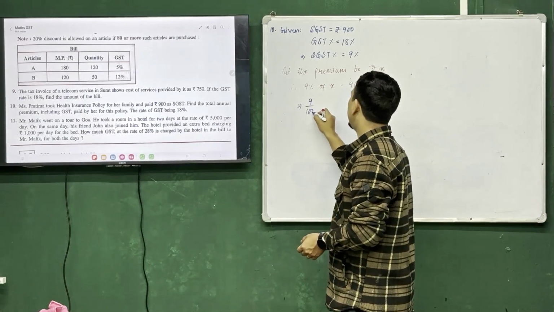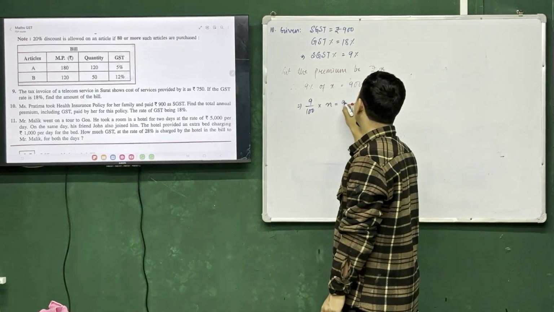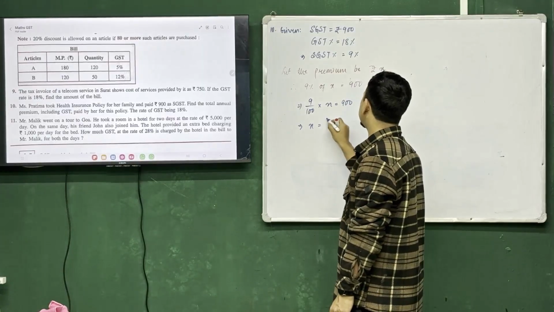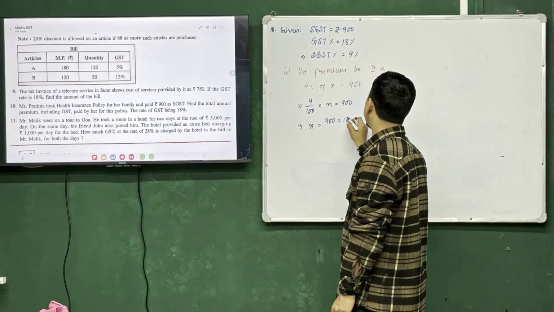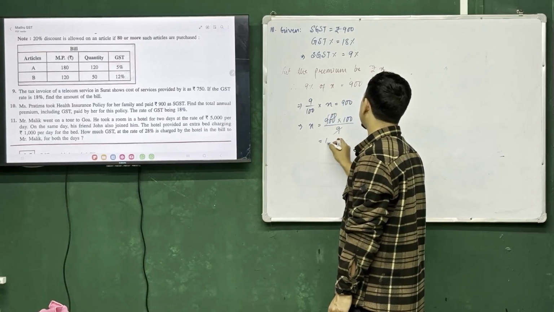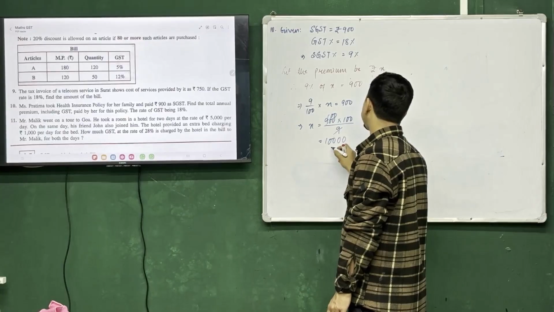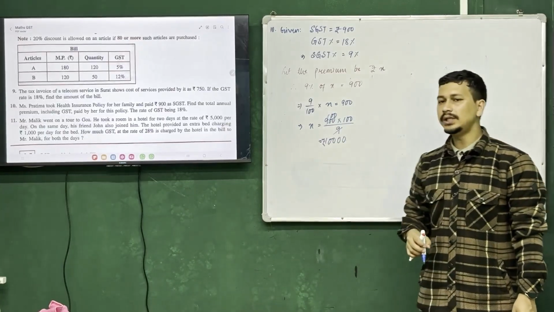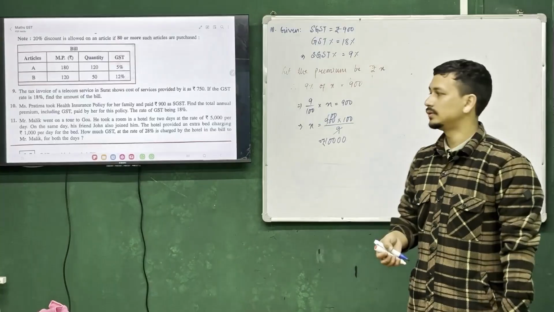We have 9 upon 100 of X equals 900. Then if you cross multiply, the premium will be 10,000 rupees, right?